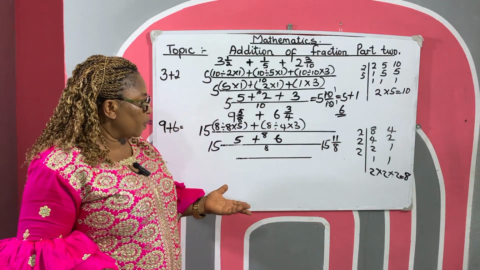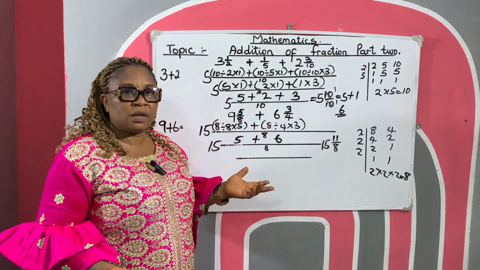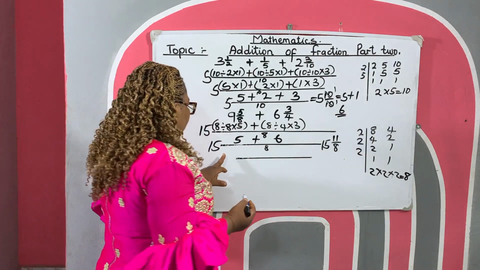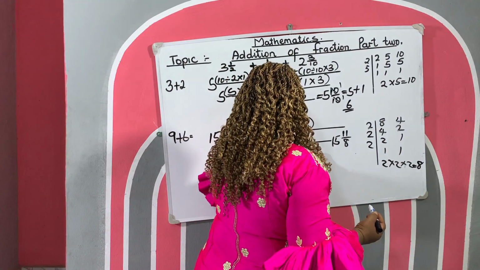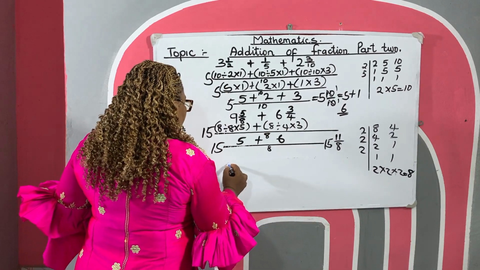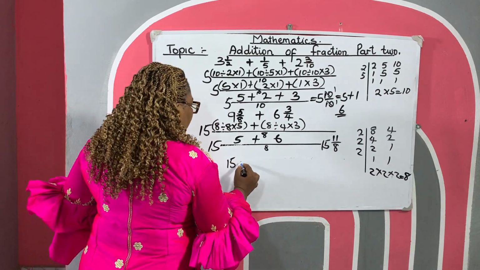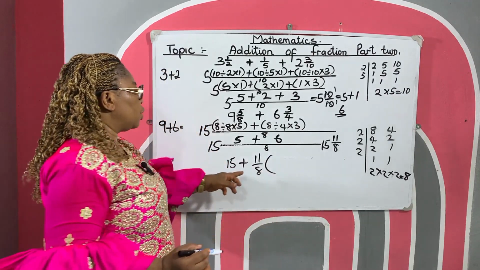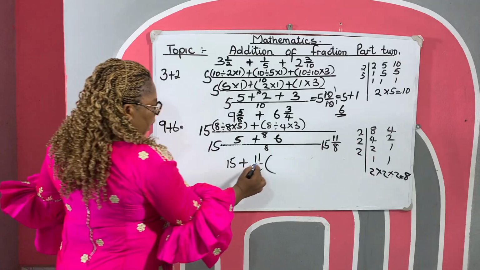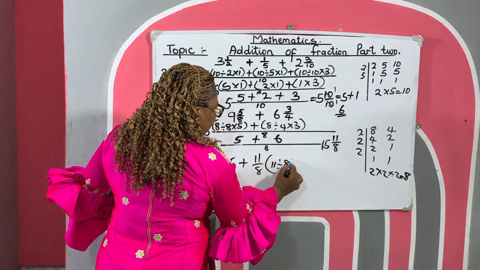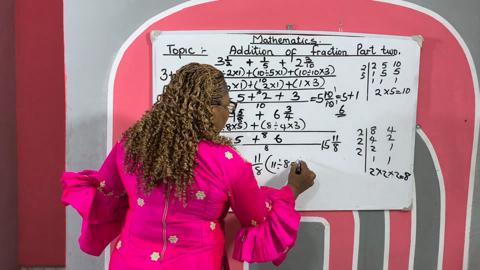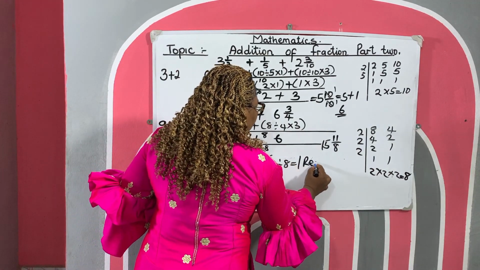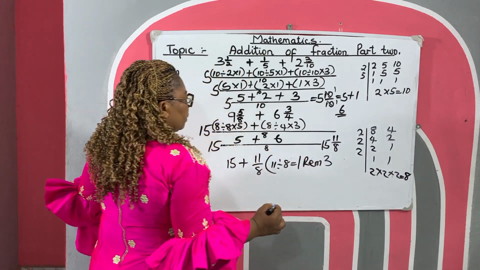Can you see? This is improper fraction. 11 over 8 is improper fraction. We cannot leave it like that. So what we are going to do now is we are going to say 15 plus 11 over 8. We are going to change it to mixed fraction. And we say 11 divided by 8. That will give us 1 whole number, remainder 3.